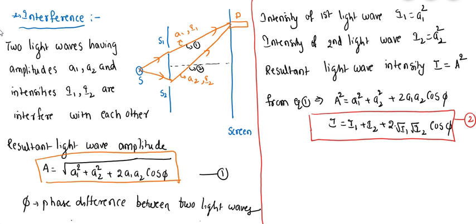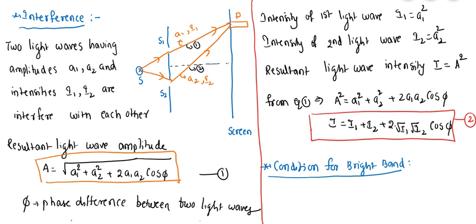Now, what is the condition for the bright band, that is, constructive interference? When will you get the bright band?